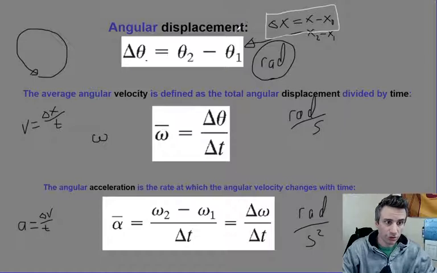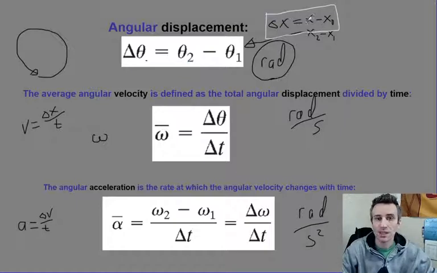You should be able to take any equation that you know from the linear world and apply the angular equivalent. So if I say, hey, here's this equation, what is the angular equivalent of this equation? You should say, okay, well, the angular equivalent of x is theta.